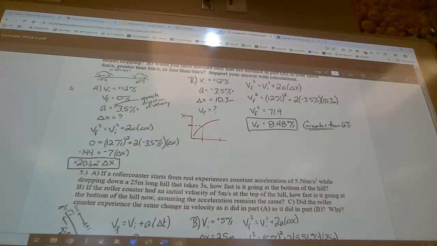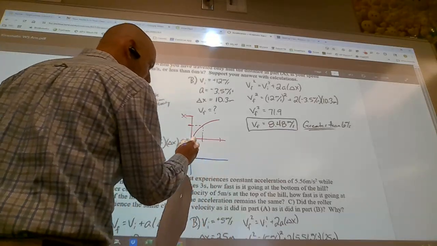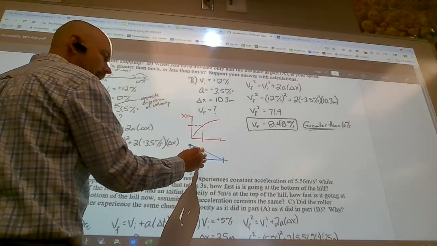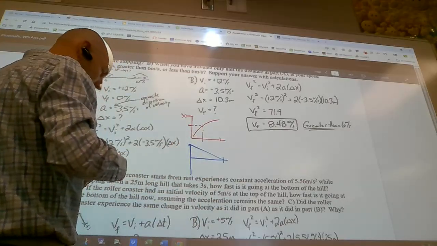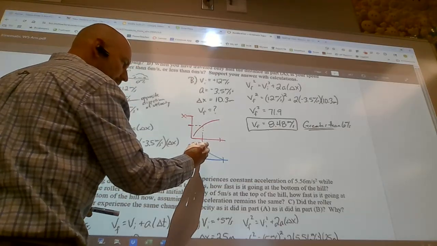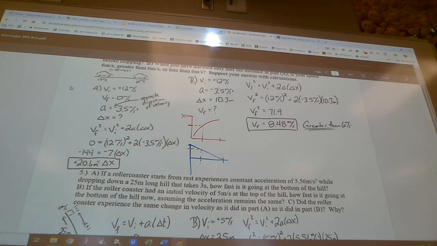So when you do a velocity versus time graph, you start fast and you stop at this, not half time, less than half. You're still going pretty fast. Okay with that? Okay.